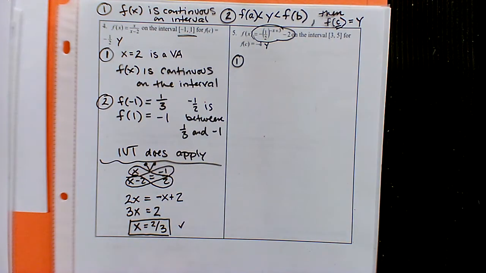Maybe think about what kind of function you have. What do you guys see, or what do you think? Yeah. It's continuous. How do you know? It's an exponential graph.